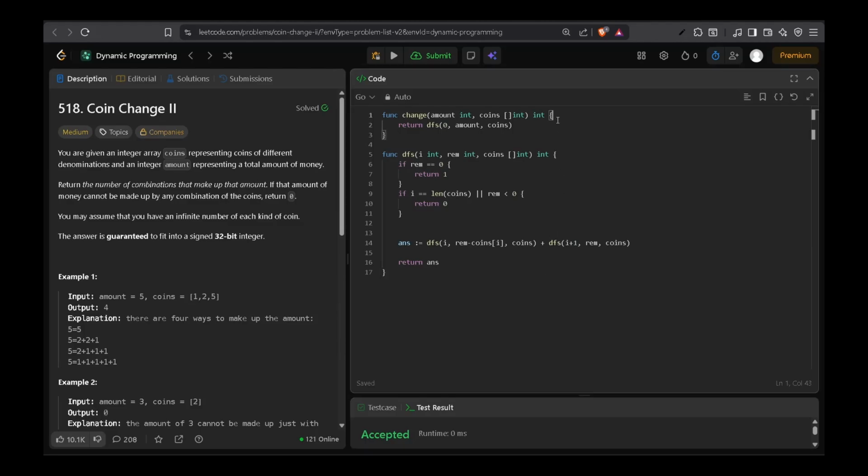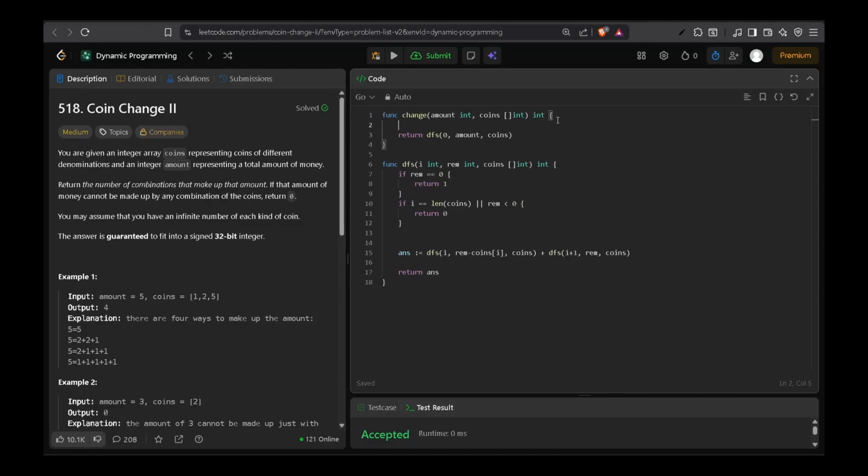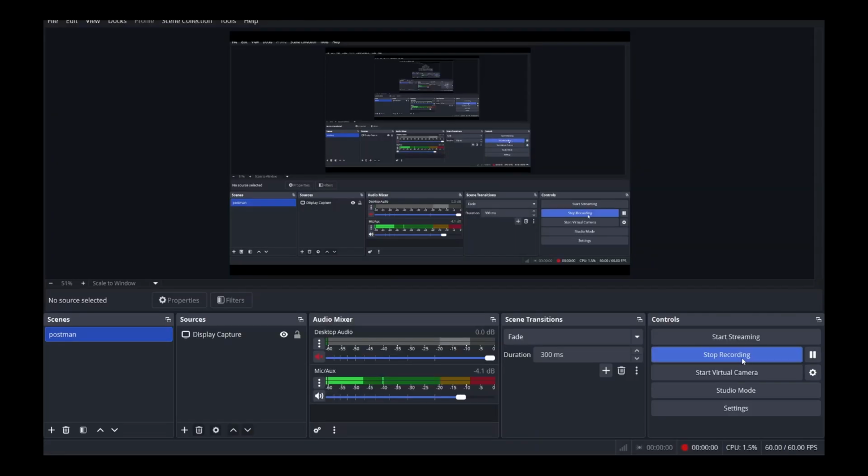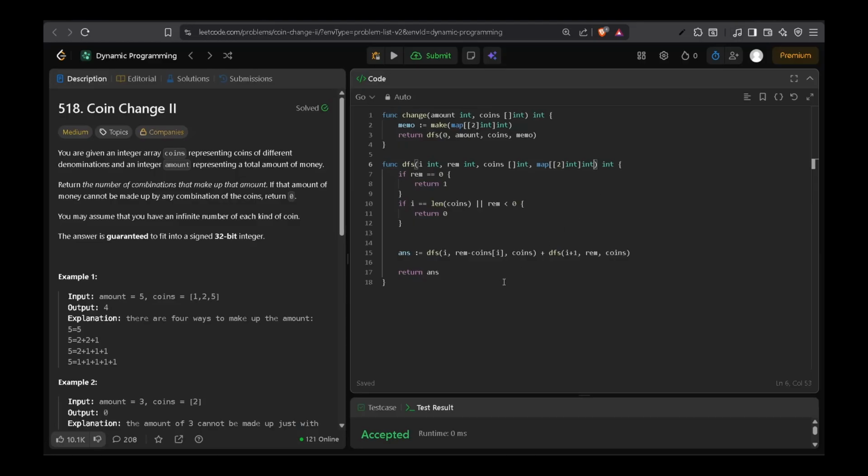So for memoization we'll use memo equal to make map of int to int, right? And we'll pass the memo as well. Now we have to make the key for this.